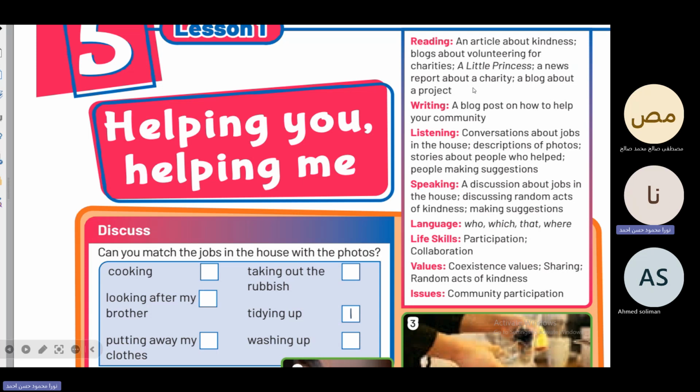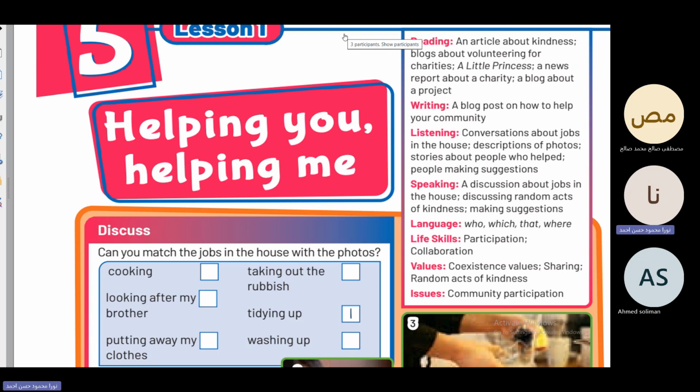So we will be reading a story about a little princess. Okay, we will read a report about charity. And finally, a blog about a project. You will also write a blog post on how to help your community, different kinds of help that you can introduce or share in your community.